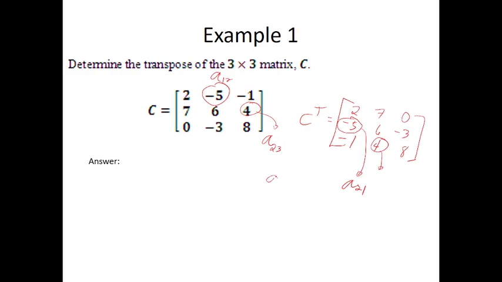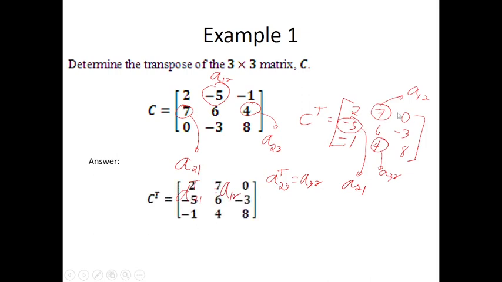When we transpose, it becomes A32, third row, second column. Another one, 7. Second row, first column, it becomes first row, second column. So the transpose of it is simply A12. Alright? So the answer is this: 2, 7, 0, negative 5, 6, negative 3, negative 1, 4, 8. So that's it.